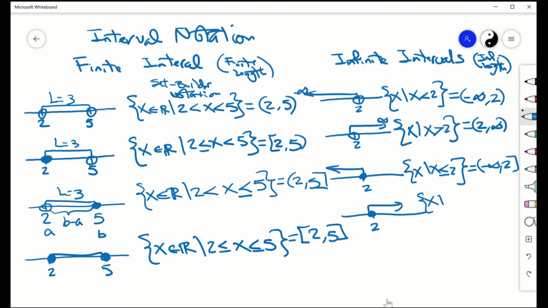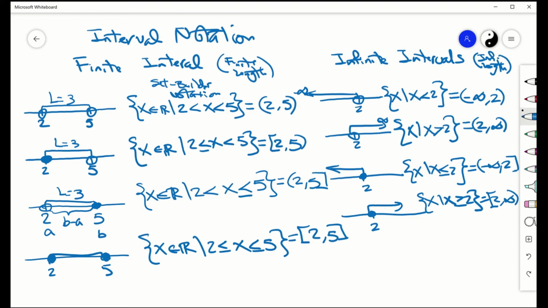So all x belonging to R such that x is greater than or equal to 2, right? Pause the video, write down what this would look like as an interval, then come back and check. All right, so I'm hoping you got bracket 2 comma infinity and then close the parenthesis.